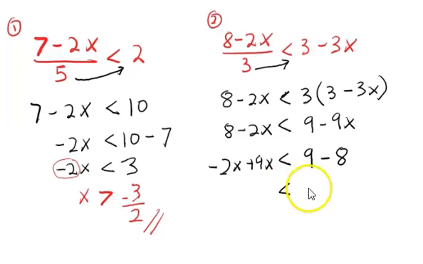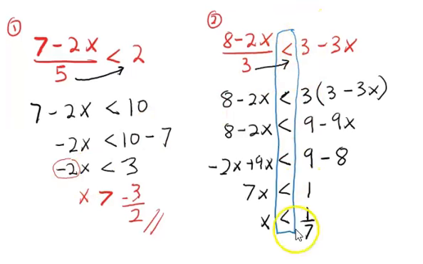So we will have here 1, and here we will have the 7x. So here you'll be getting there 1 over 7. And you have noticed here that there is no change of the sign, since there is no multiplication or division with negative numbers. Okay, so I hope you can understand this.